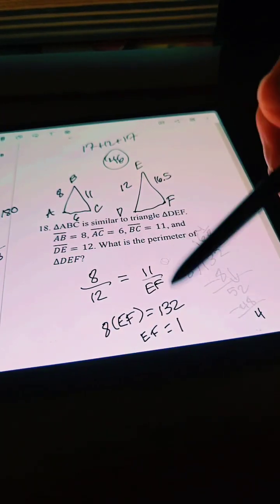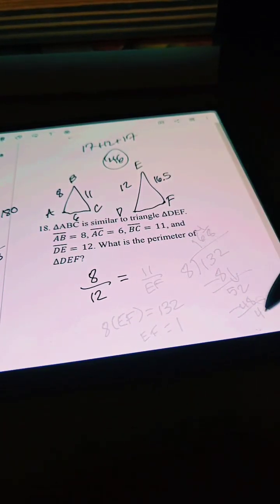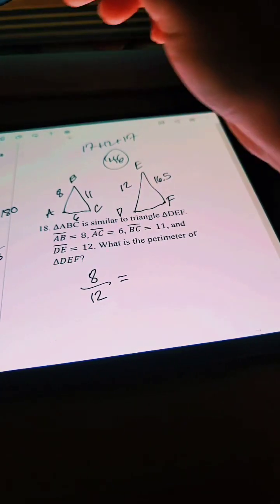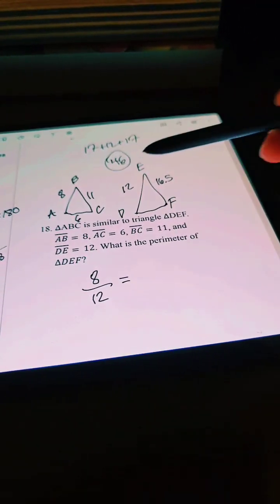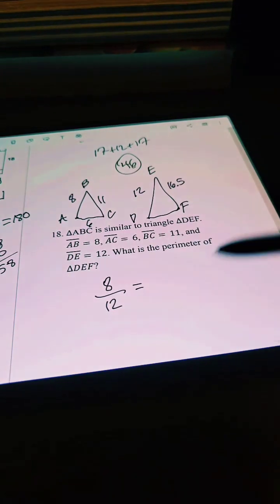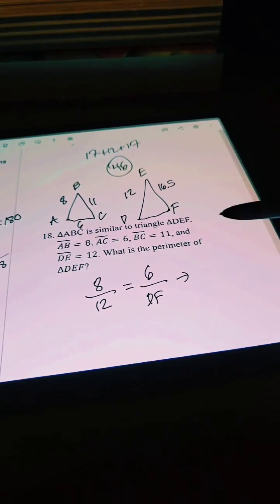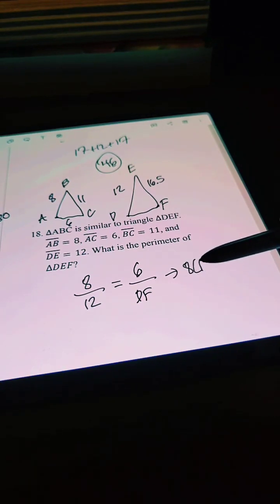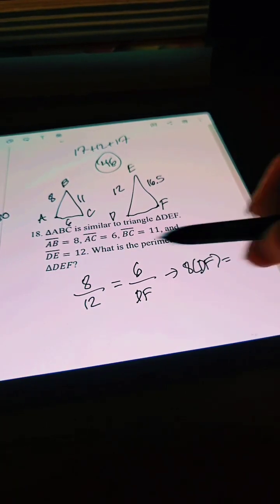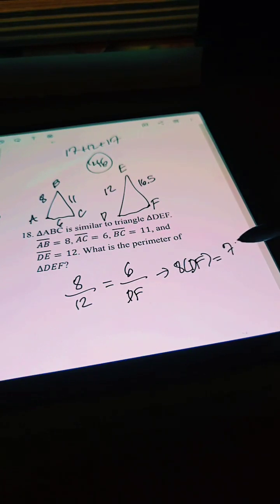And then we could do the same thing, but with the side length DF. You could say 8 is to 12 because they match, as 6 is to DF because they match. And then cross multiply. So 8 times DF is equal to 6 times 12, which is 72.